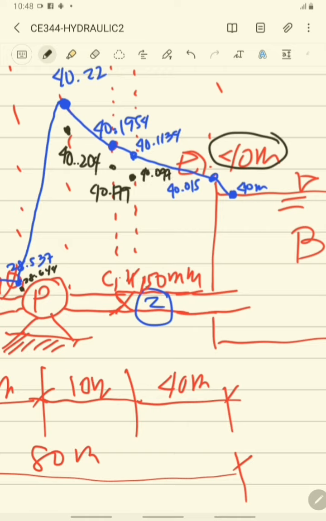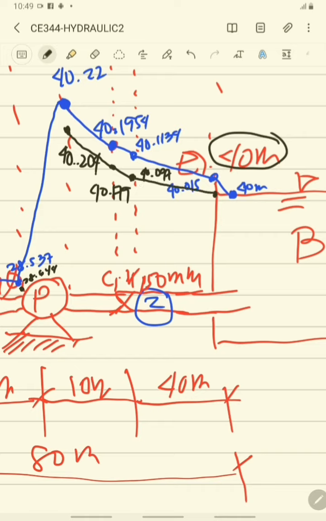Then 40.015 minus 0.0163, so that is 39.998, which is equal to 40 when rounded off. So we have to connect this line, then again connect that line.